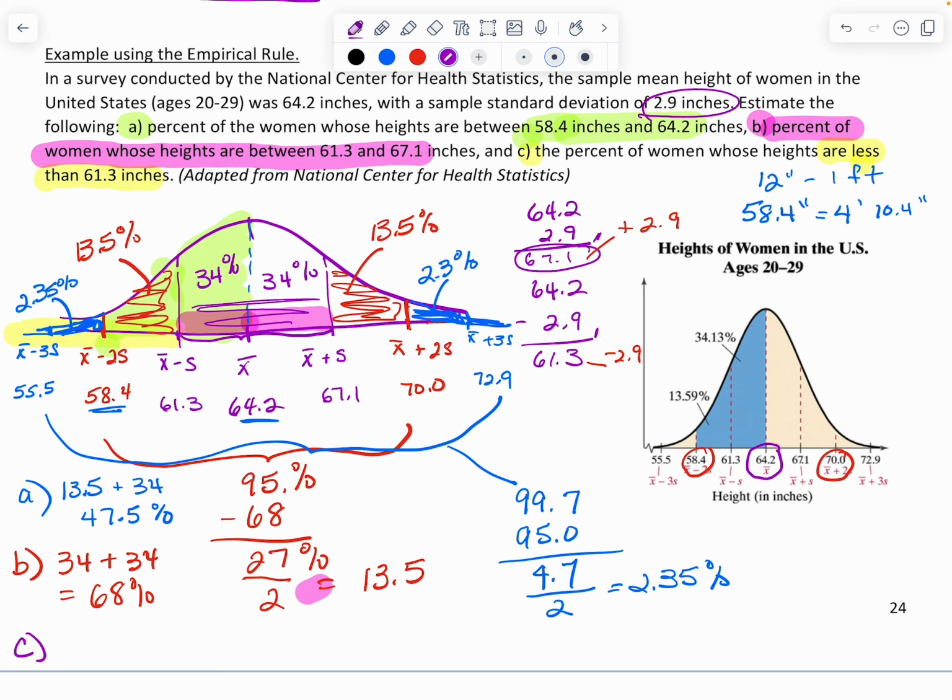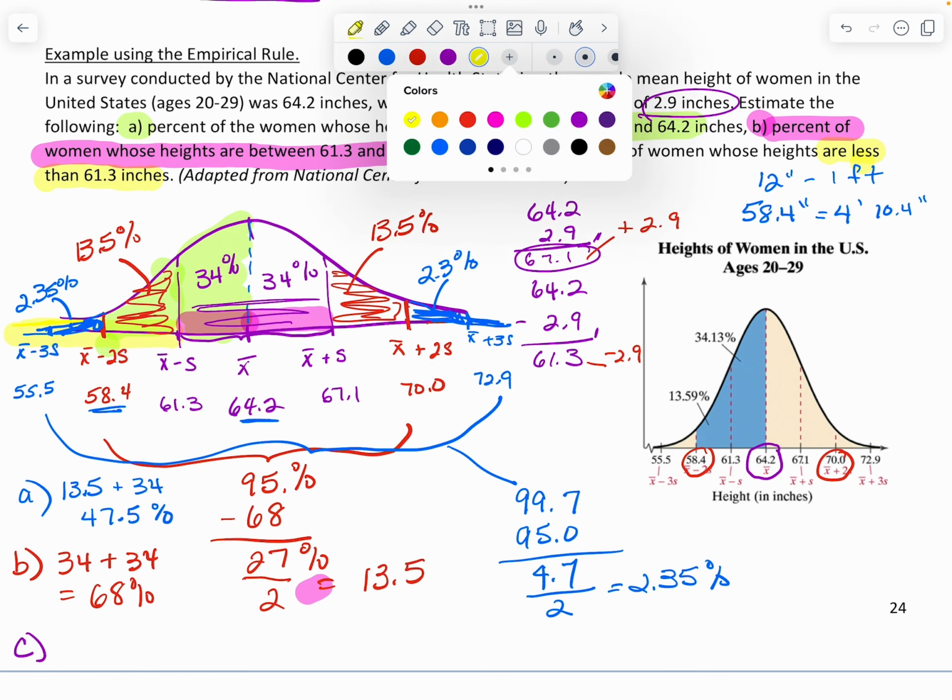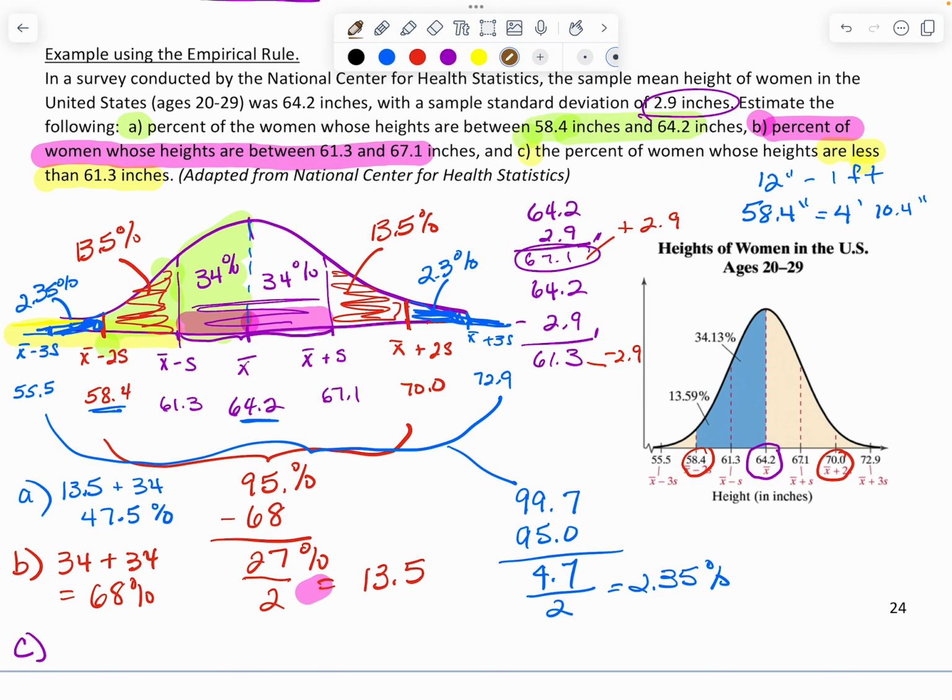So for C, C is all of this yellow area. I am going to make it brown so it'll show up. So it's this area is the brown area.